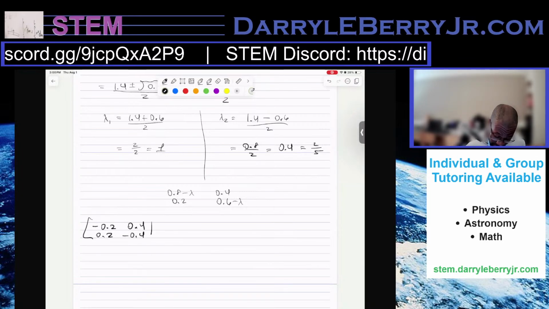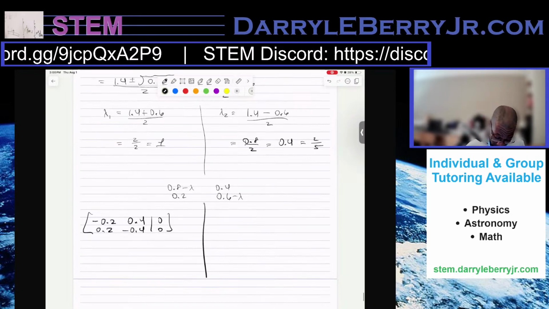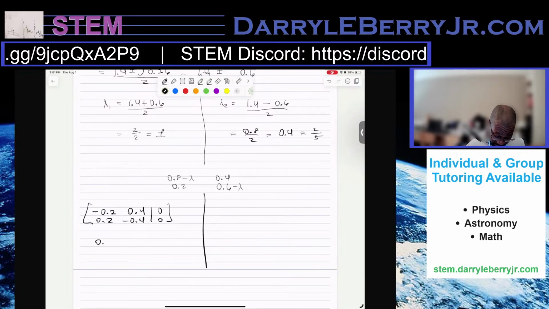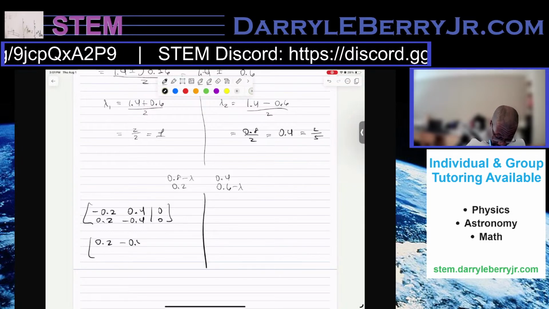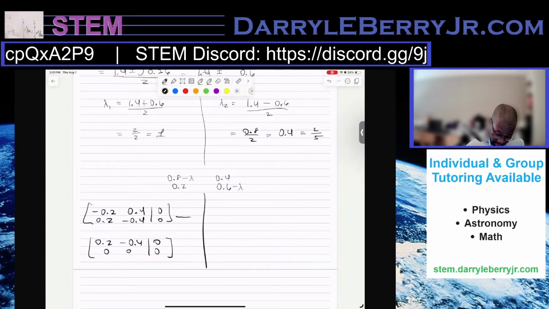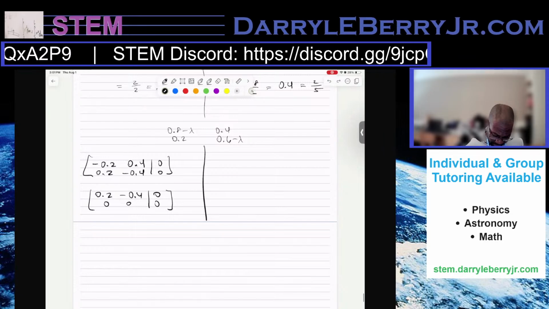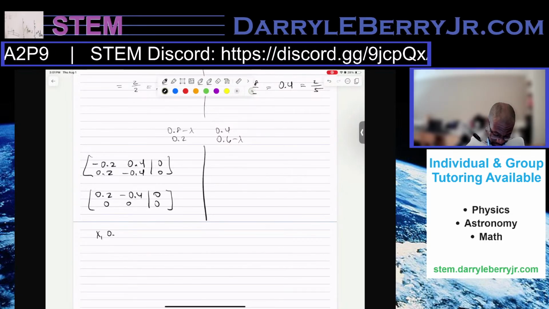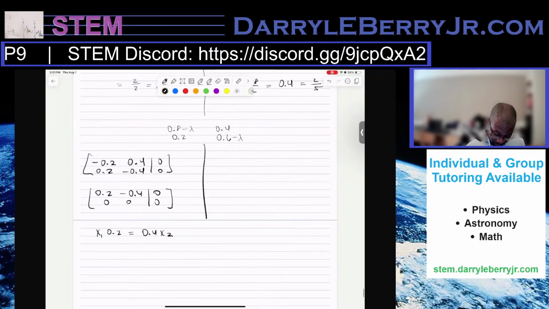And you notice it gives us the proper configuration for an eigensystem because one row is going to zero out. And then we can make the other row negative. So it's going to be 0.2, if I make that positive, minus 0.4. What I'll do is add these rows together, and that zeroes out. I swap the negative, even though that was unnecessary, but I just had a habit of doing that. So x1, 0.2 equals 0.4 x2.